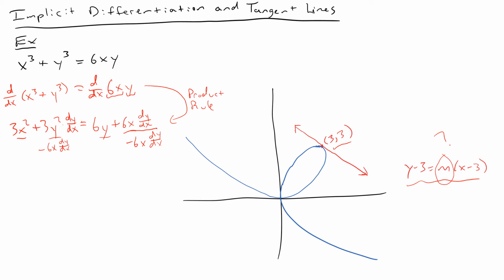We also want to get rid of this 3x squared. This 3x squared does not have a dy/dx attached to it. We want just terms with dy/dx on the left-hand side, and anything that doesn't have a dy/dx over on the opposite side. Alright, so to get rid of this 3x squared, I'll subtract 3x squared from both sides.